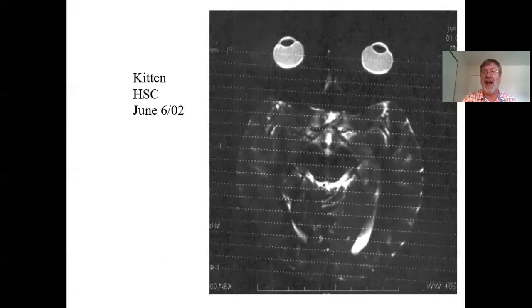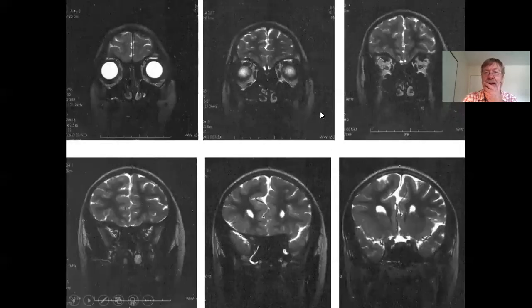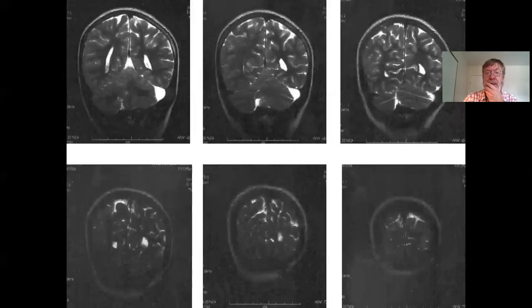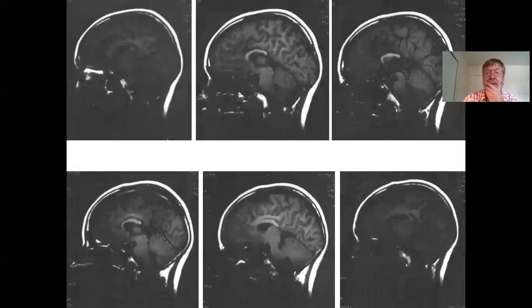Look at that though. Look at the eyes on the top. Wild, eh? Coronal. Sagittal. Here's a cerebellum. Cerebellum. So this is the side that does have the cerebellum.